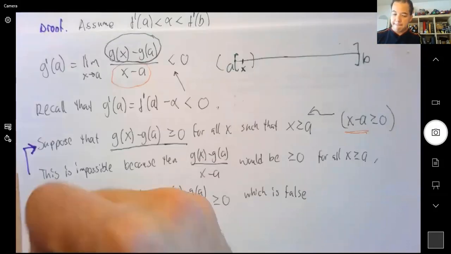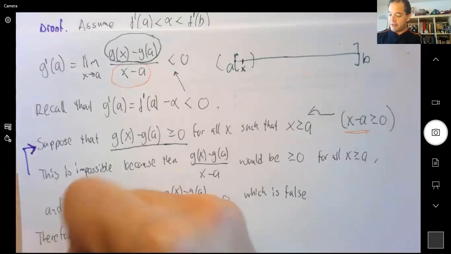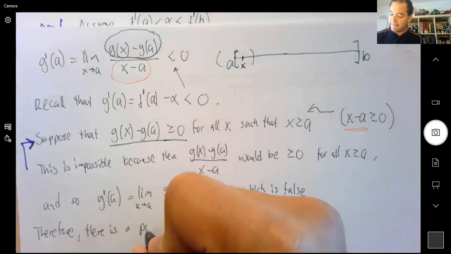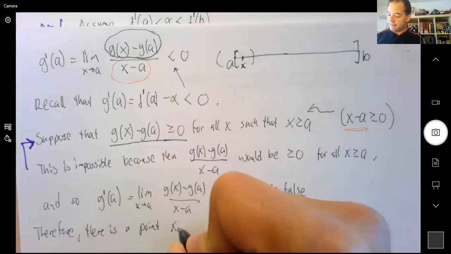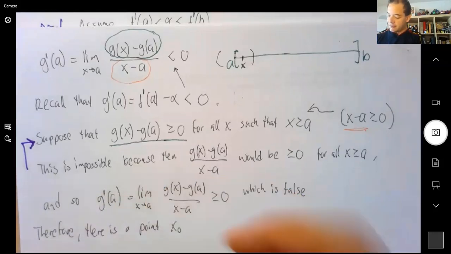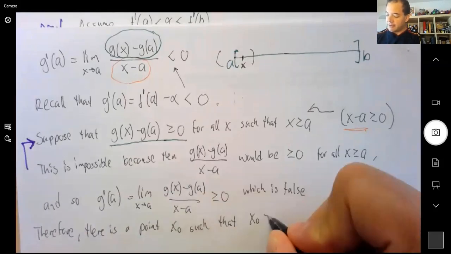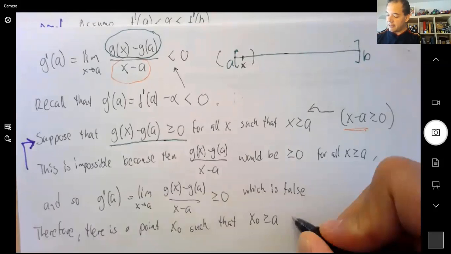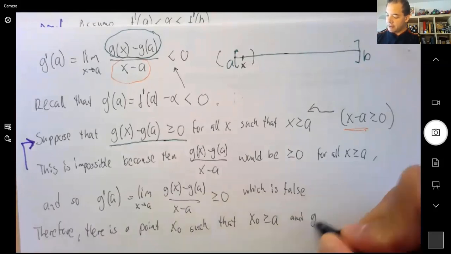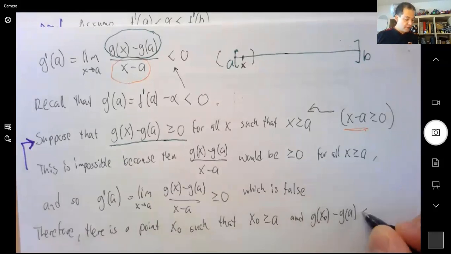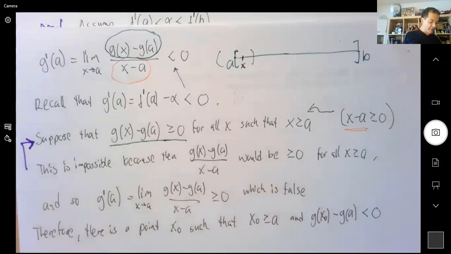Therefore, there is a point x naught such that x naught is bigger than A, and g of x naught minus g of A is less than 0. So we must have a point that is actually less than 0. All right?